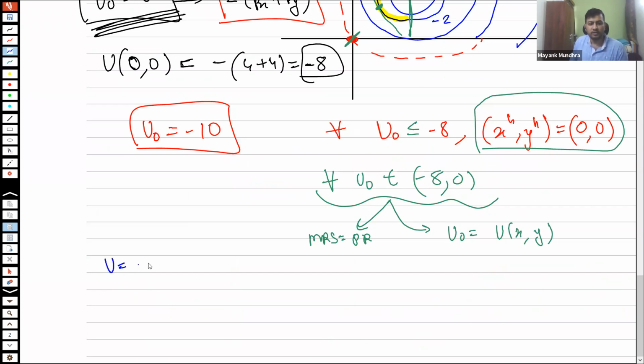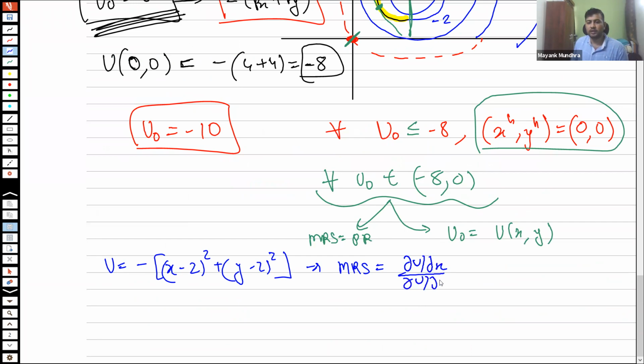So your utility function is negative of (x minus 2) whole square plus (y minus 2) whole square, which implies MRS will be equal to del u by del x upon del u by del y. So when you differentiate with respect to x, you get negative of twice of (x minus 2) upon negative of twice of (y minus 2).